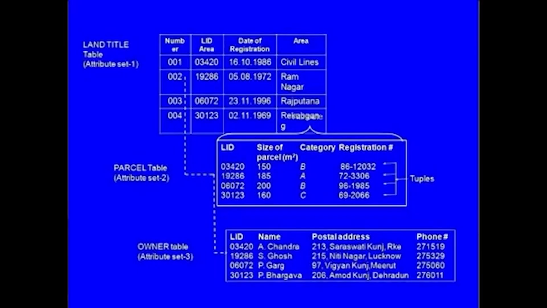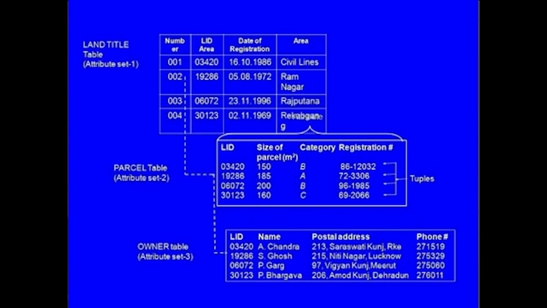Now, we can further categorize the information for each land title, wherein we can introduce attributes regarding the category under which this particular land falls, or the registration number.